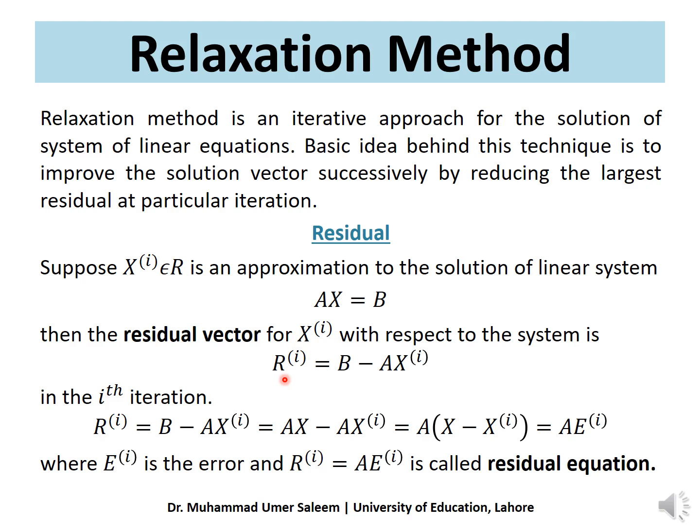So we can calculate the residual at each step, for the ith iteration. Ri is b minus Axi, and the actual solution satisfies Ax = b. Taking A common, this is exact minus approximated, which is the error. So this is the error, and ri = Aei is called the residual equation.